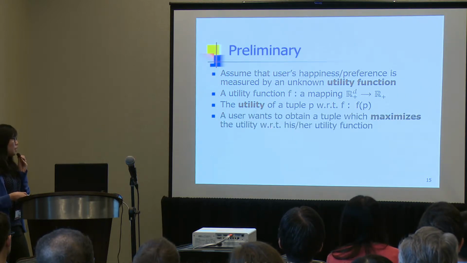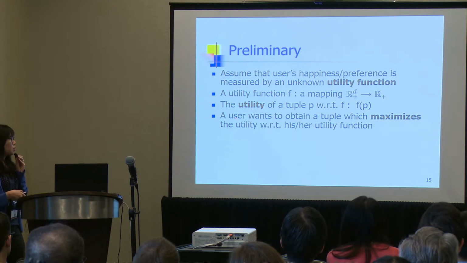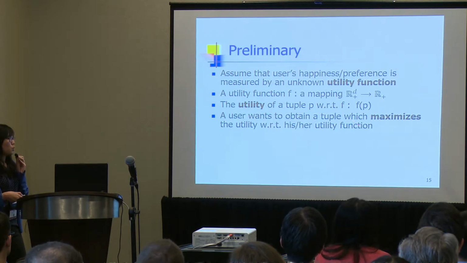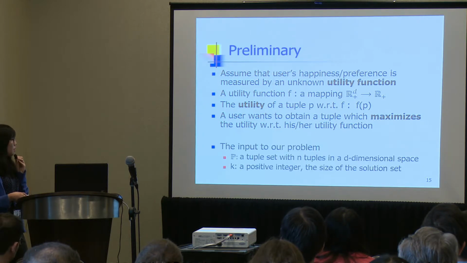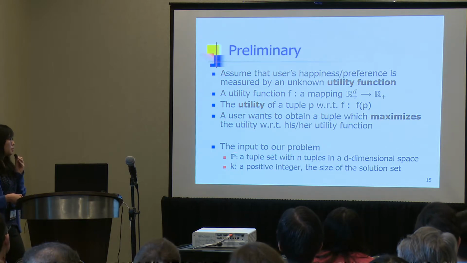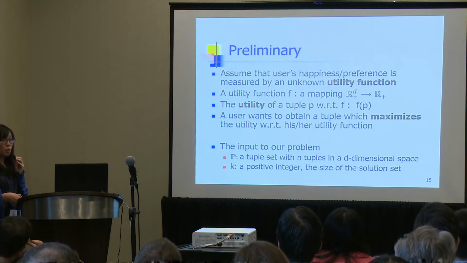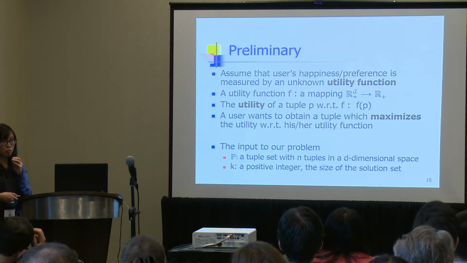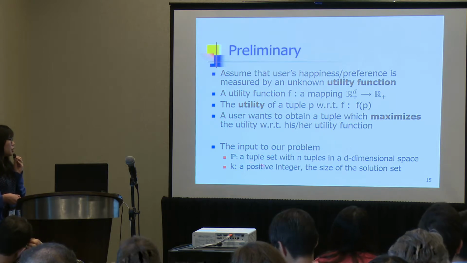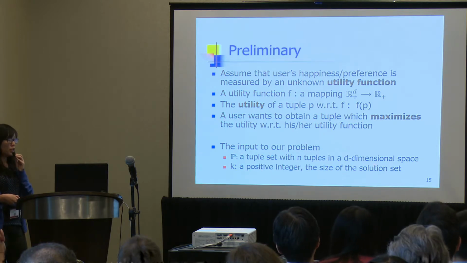Without loss of generality, a user will want a tuple which maximizes the utility with respect to his utility function. The input to our problem is a tuple set with n tuples in a d-dimensional space. A d-dimensional space means that each tuple is described by d different attributes. And an integer k is used to constrain the output size.